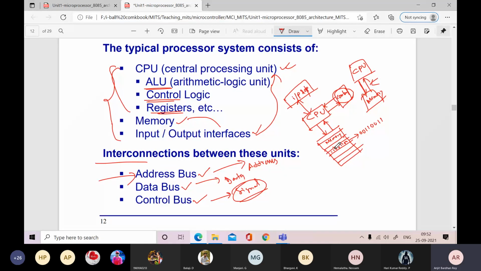After that, what will happen? This control signal will activate the address bus. Through this address bus, the address of the memory comes into the CPU.